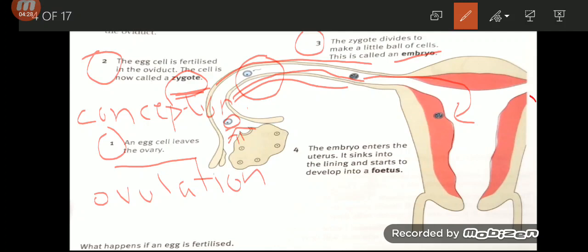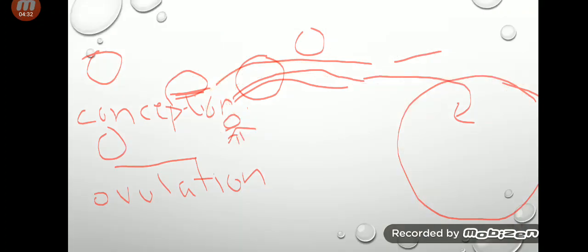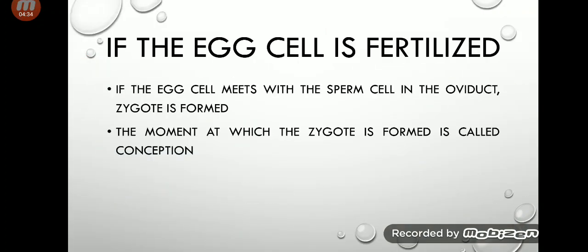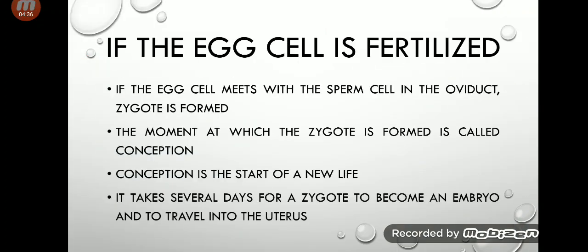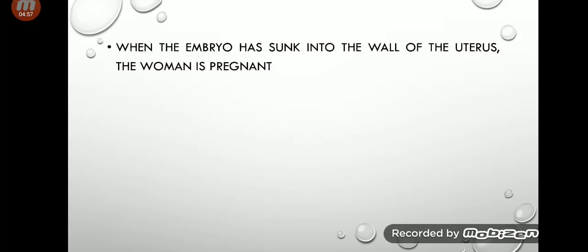You all know that this is your uterus. It takes several days for a zygote to become an embryo. The zygote divides and divides and divides. It forms a ball of cells, and this ball of cells is called an embryo, and then this embryo travels into the uterus.